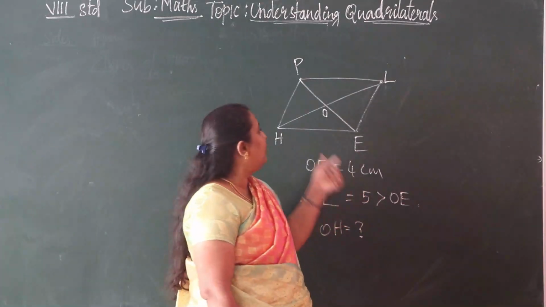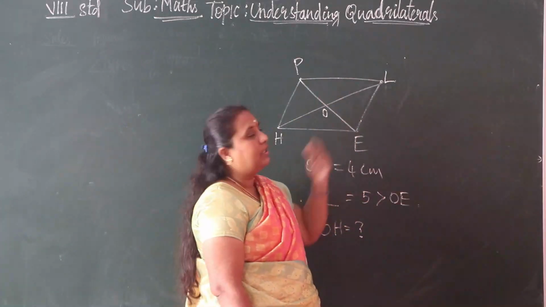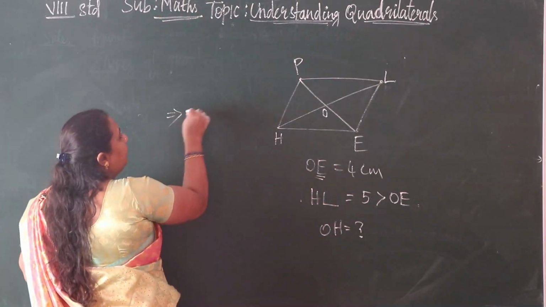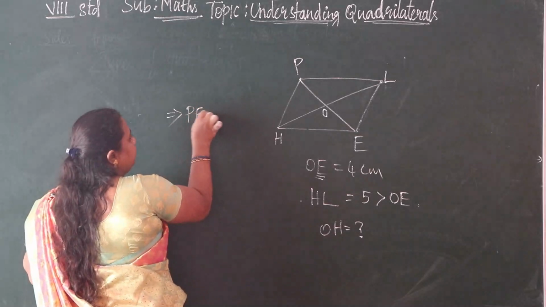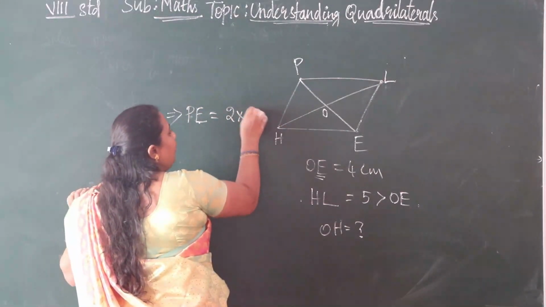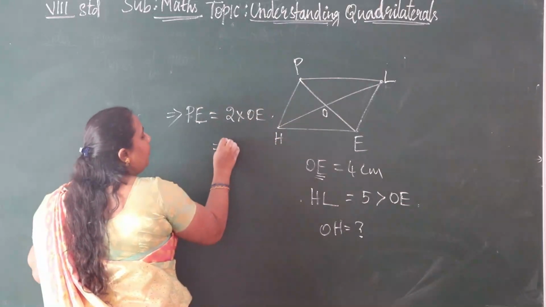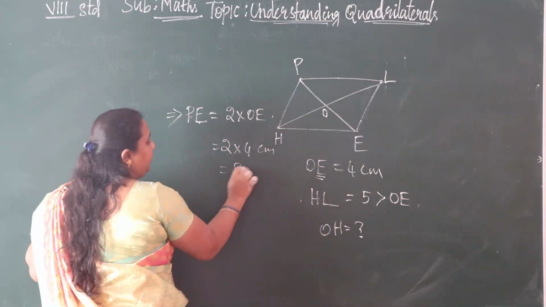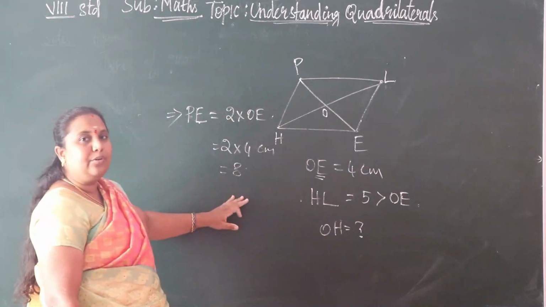So bisects each other means these two are equal. So then we know OE, and from OE we have to write PE. So PE equals 2 into OE. Is it right, children? So 2 into 4 centimeters equals 8. So PE equals 8.